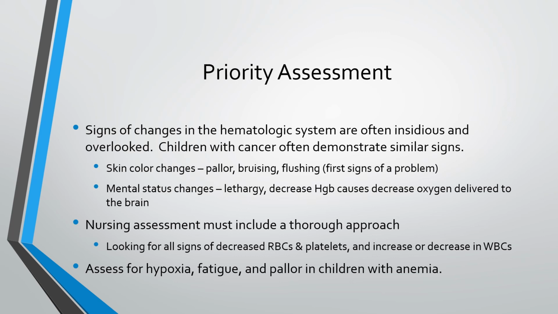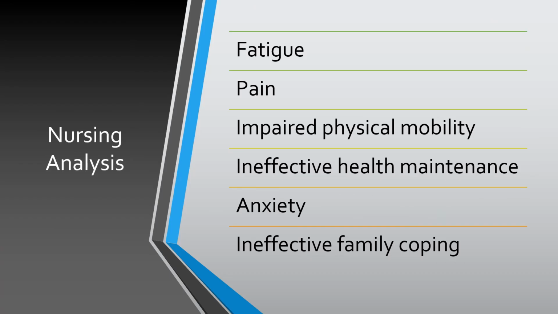So we're assessing for hypoxia, fatigue, and pallor in children with anemia as well. After that very thorough assessment, here are our priorities: fatigue, pain, impaired physical mobility, ineffective health maintenance, anxiety, and ineffective family coping would definitely be high priority for this patient population.